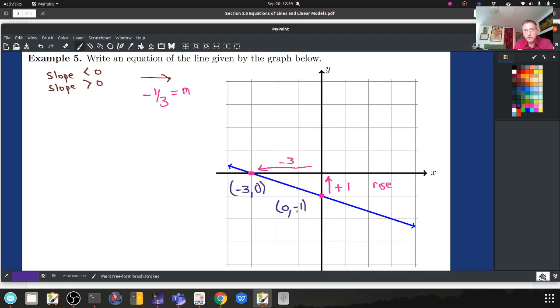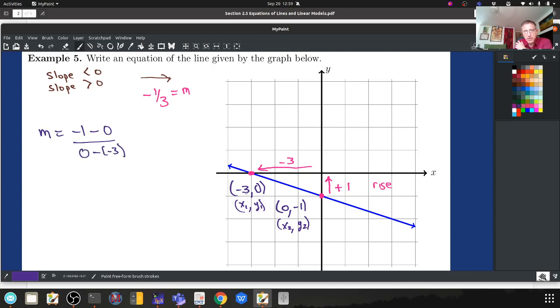So let's choose. I'll say this is x1, y1, x2, y2. So our slope m is equal to y2, which is minus 1 minus 0, over 0 minus 3.